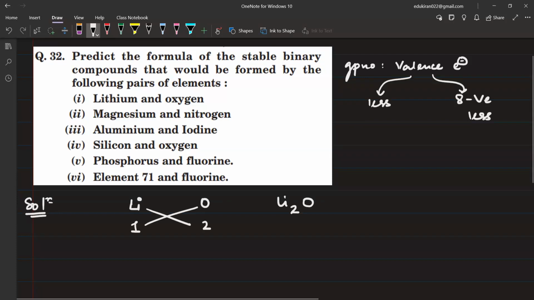Martin, Yasir, and Siddika? Yes, sir. What about others? Okay, so please do this part: magnesium and nitrogen, aluminium and iodine, silicon and oxygen, phosphorus and fluorine. This one I will explain how to do.